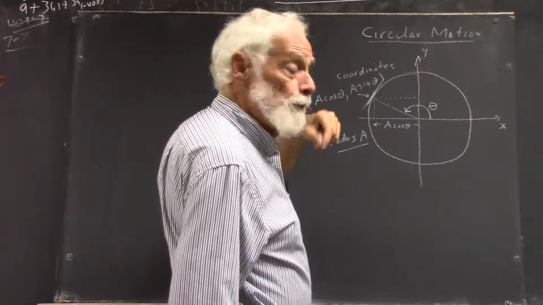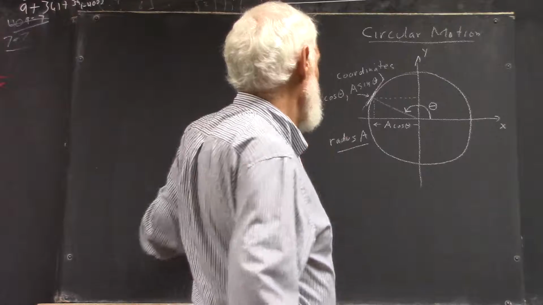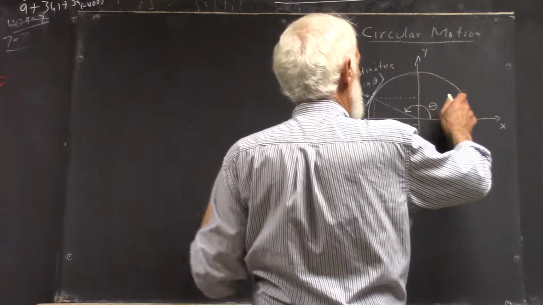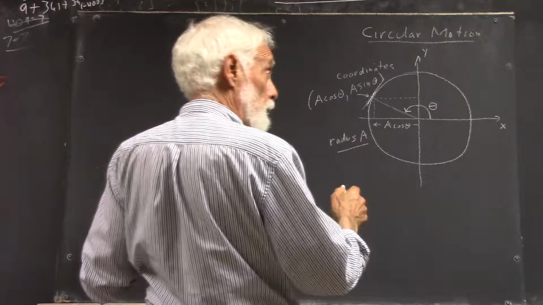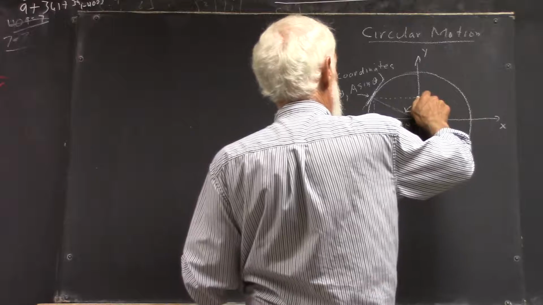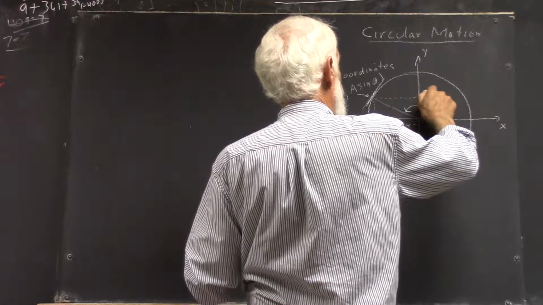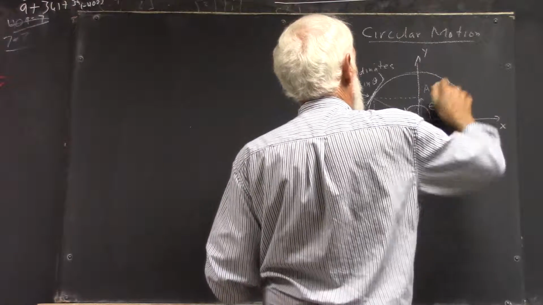It's negative if the point on the circle is in the second or the third quadrant, as you should know very clearly. Okay? And then this point here has coordinate A sine theta. I didn't really leave myself room to label it, but I could draw an arrow from here to here, and this arrow would indicate the displacement A sine theta.